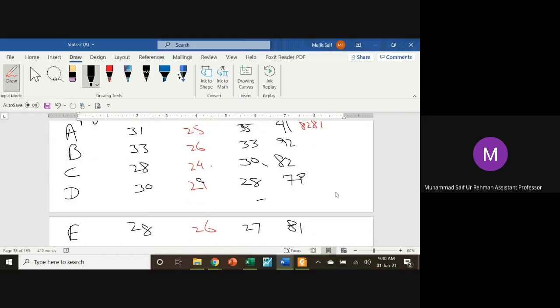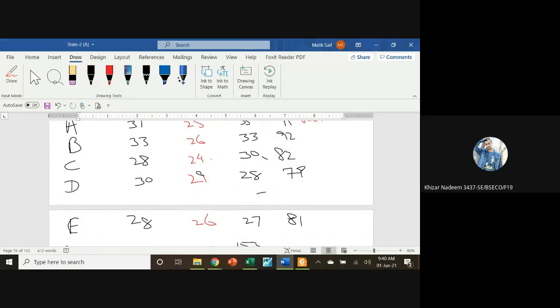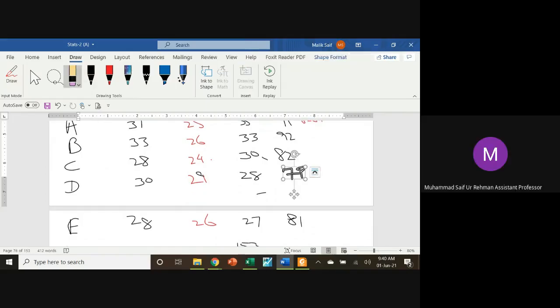I think there is a problem, because we added these three values and took 79 as the answer, but this is not correct since the value was 29. So the correct answer is 87 in place of 79. Oh, I am unable to rub it out. It is not rubbing.